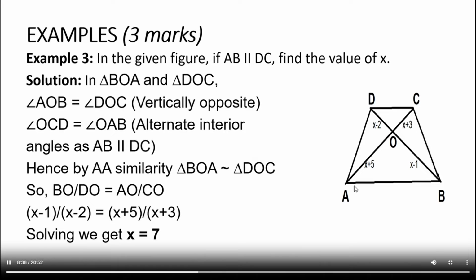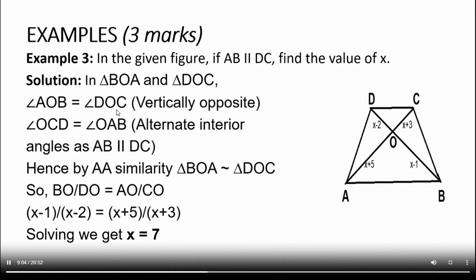Angle AOB and angle DOC are equal because they are vertically opposite angles. Now since it is given AB is parallel to DC, AC is the transversal, so we have alternate interior angles to be equal. So angle OCD will be equal to angle OAB. So by AA similarity criteria, triangle BOA will be similar to triangle DOC.